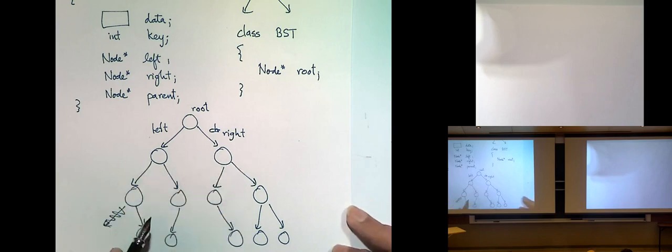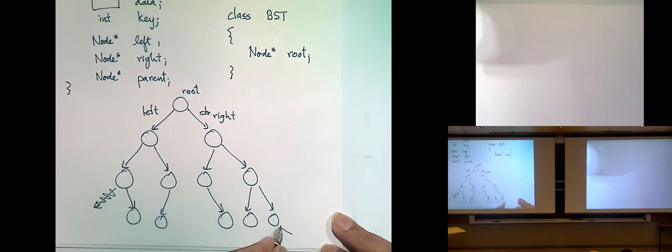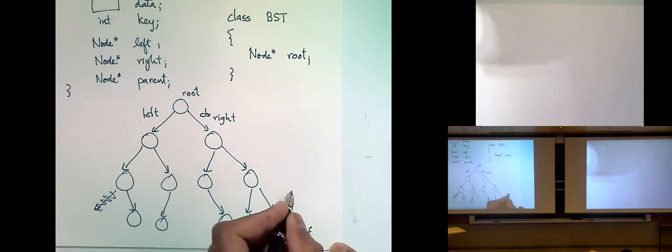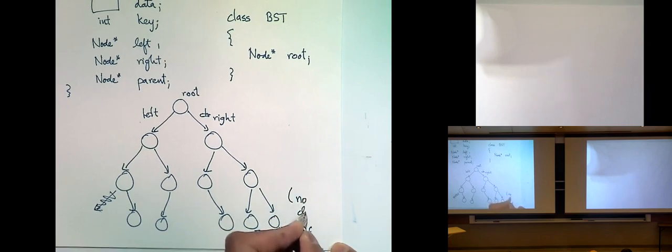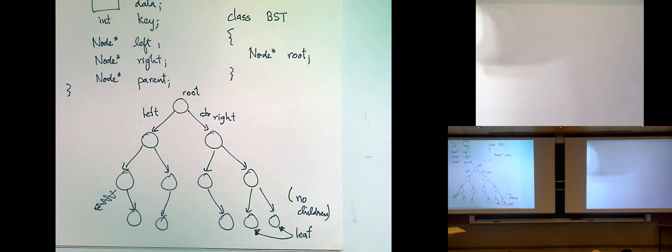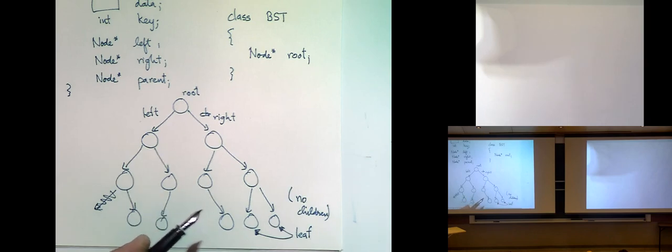So there are many kinds of nodes in the tree, but certain things have certain names. This is called a leaf. A leaf has no children. Any node without children is called a leaf. All other nodes are called internal nodes, inside the tree. So anything that is not a leaf is an internal node, so an internal node has children.